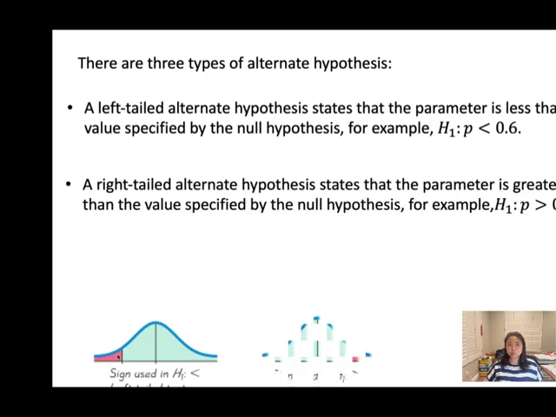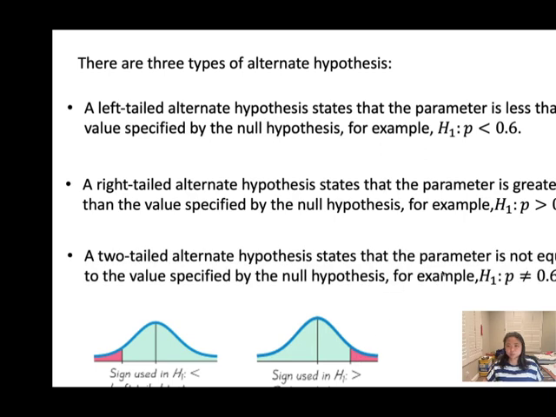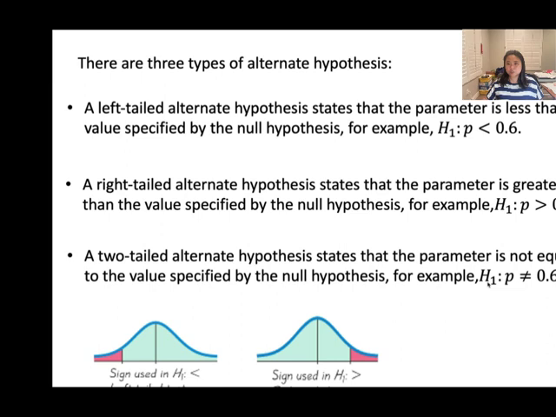Second, the right tail test. The alternate hypothesis is that the population proportion is strictly greater than a number. Greater than is the right tail test. Another one: the alternate hypothesis is that the population proportion is not equal to a number.